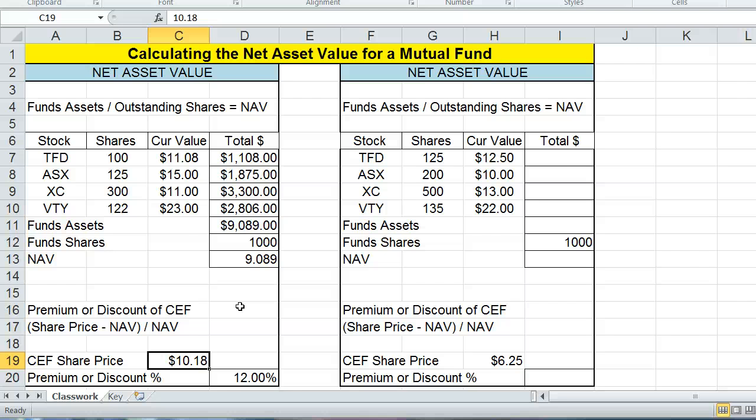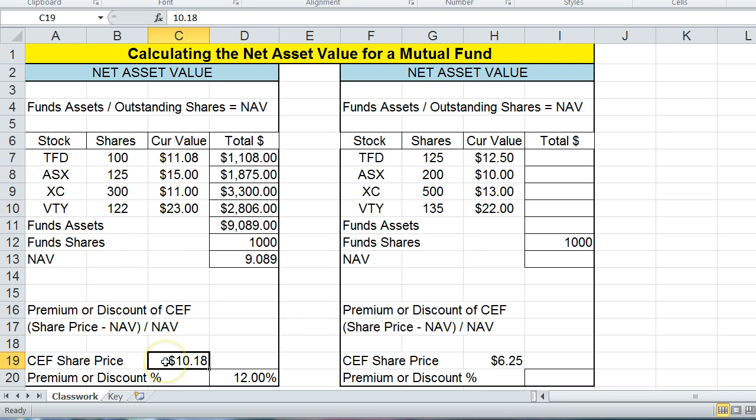Closed-ended mutual funds trade more like a stock than a mutual fund, and they're valued continuously during the day based on supply and demand of people purchasing the limited amount of shares the closed-ended mutual funds have, and they don't have the ability to expand their shares. So if new people want to buy into a closed-ended fund, it's going to raise the demand and raise the price of their shares.